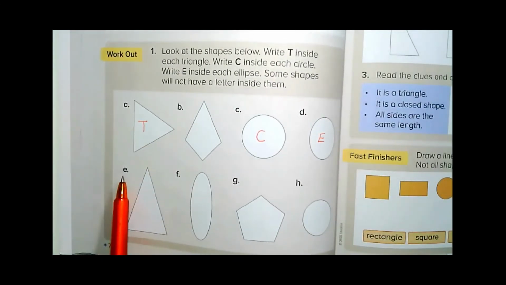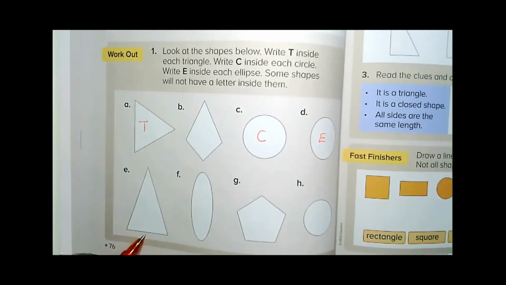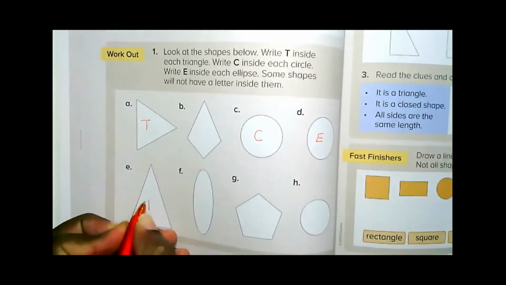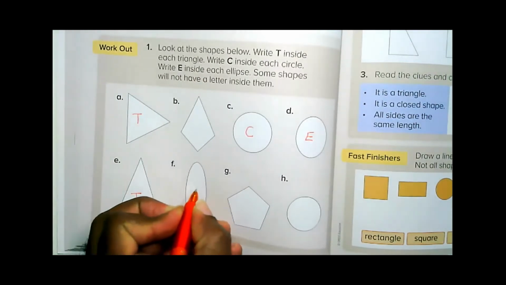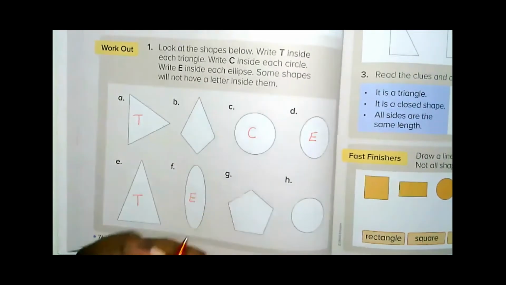Part E, three sides, 3 faces and 3 edges. So it is a triangle. Part F is an oval or ellipse. So we write E, ellipse.